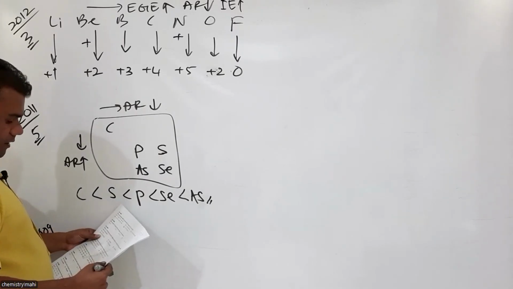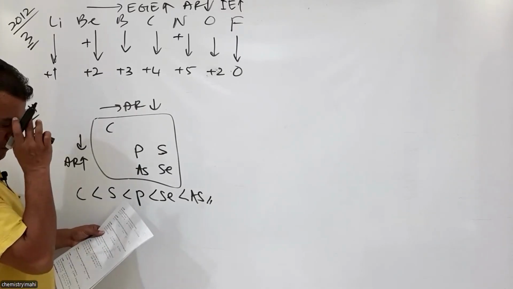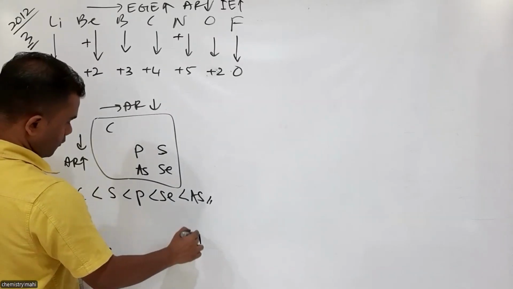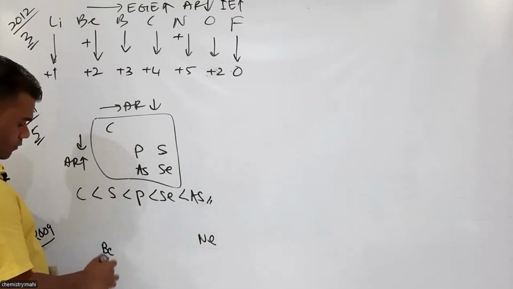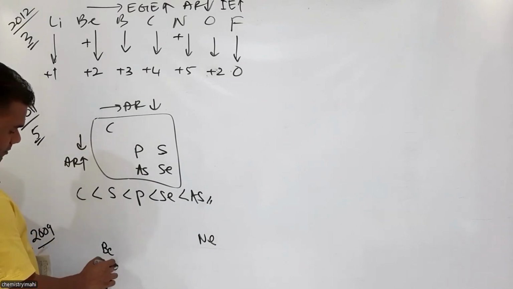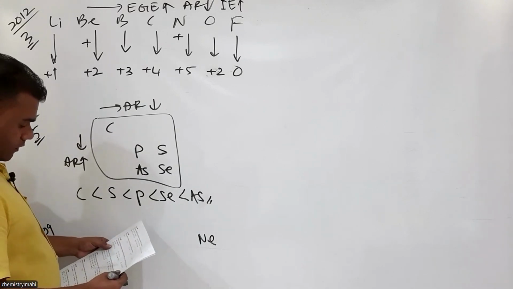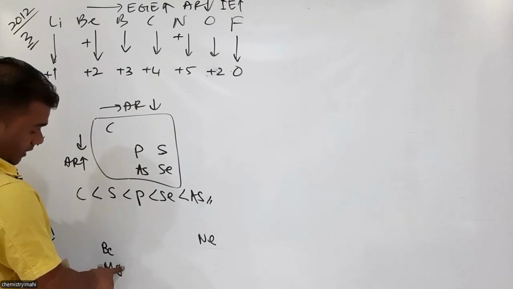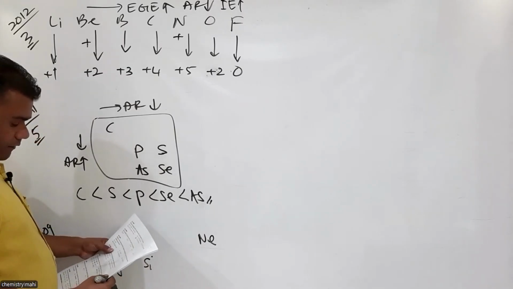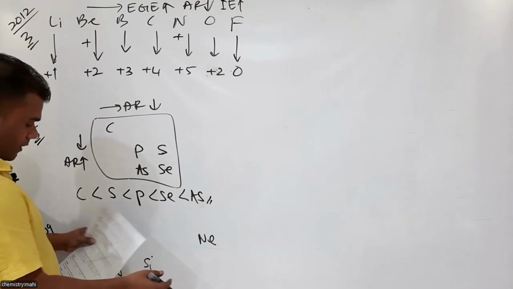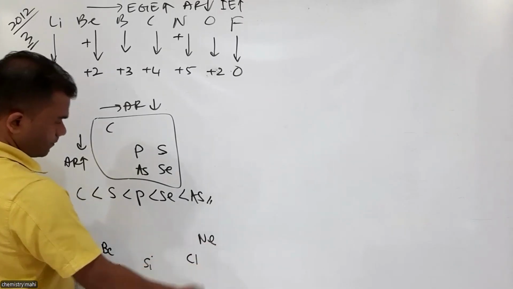Next, 1s2, 2s2, 2p6. It's neon, 10 electrons. 1s2, 2s2, 2p6, 3s2. It's magnesium. Next one, 3s2, 3p2: magnesium, aluminium, then silicon. Thereafter, 3s2, 3p5 means chlorine.